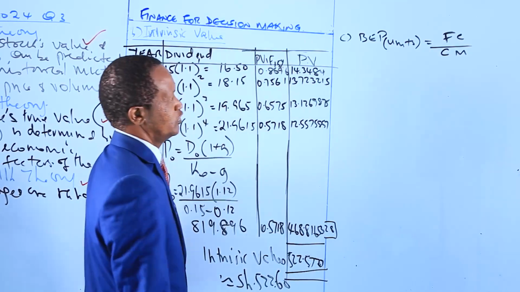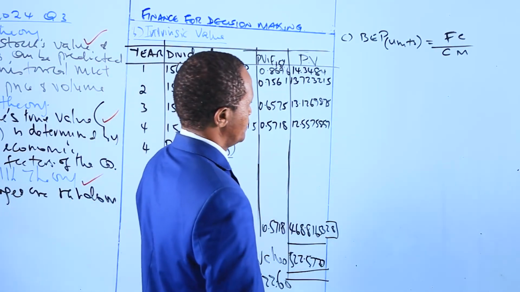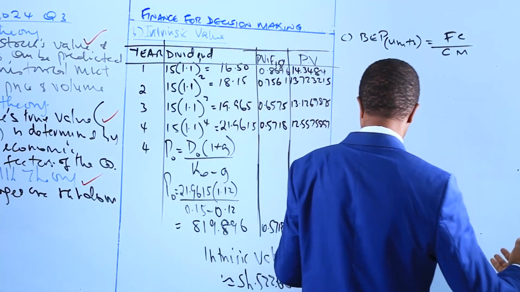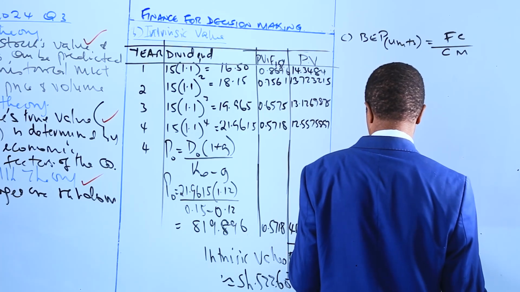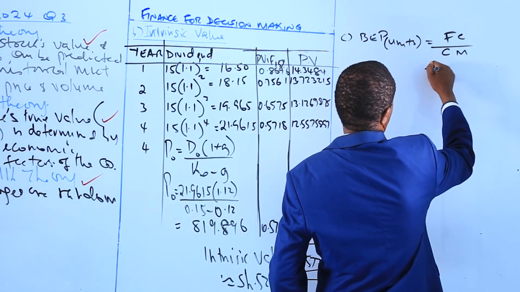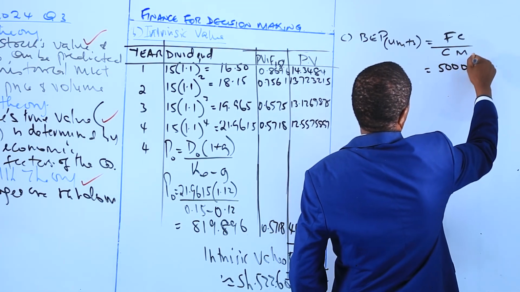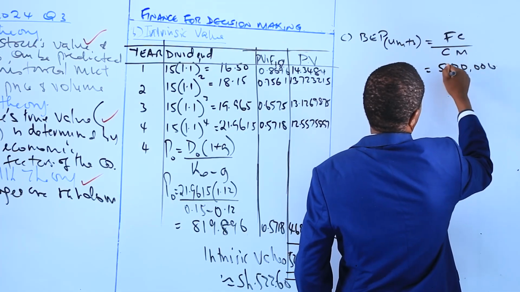So what is the fixed cost in this question? The fixed cost here is 5 million shillings.